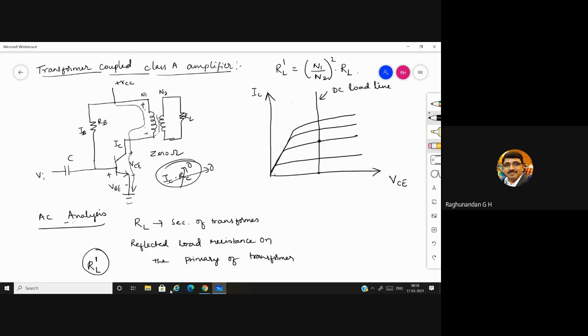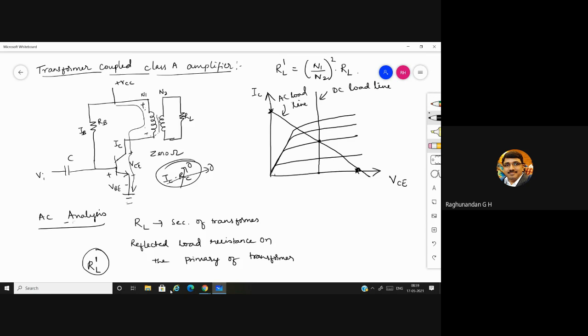When you have a voltage drop, you cannot consider IC into R as 0. It will have some value. When you have some value, obviously you will have a point along the y-axis, and obviously along the x-axis we will get a point. So when we join these two, you will get a slope. This is known as the AC load line.